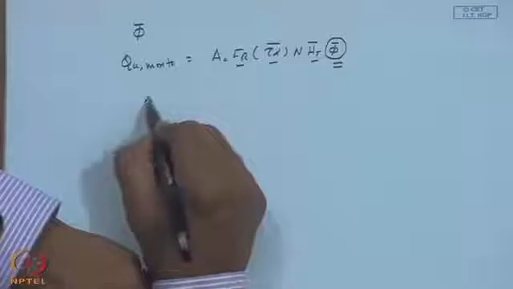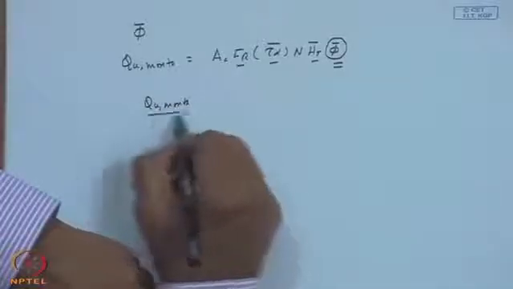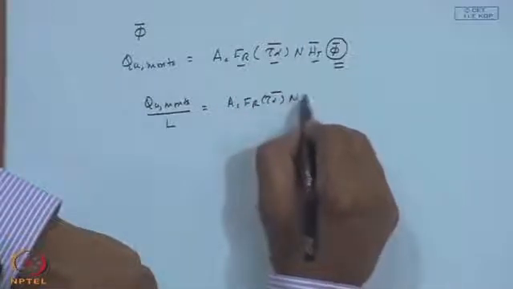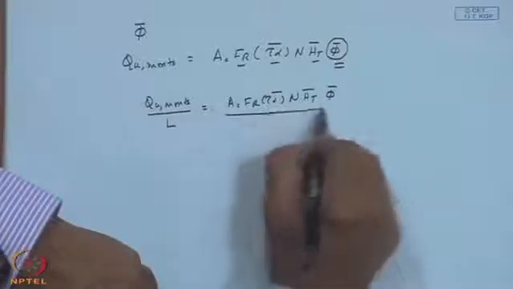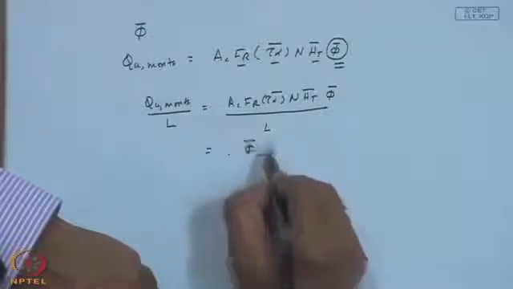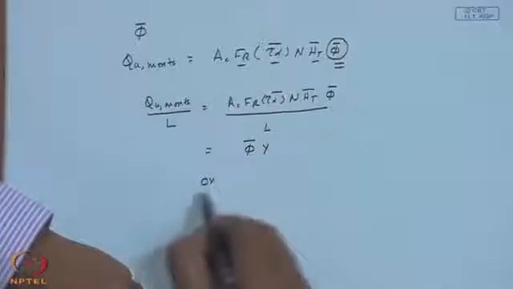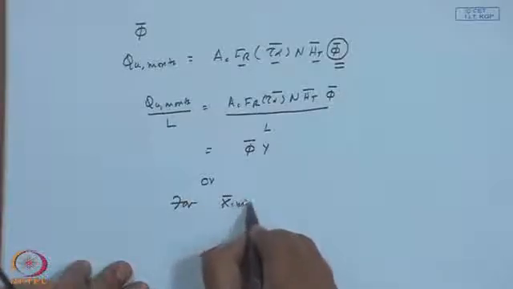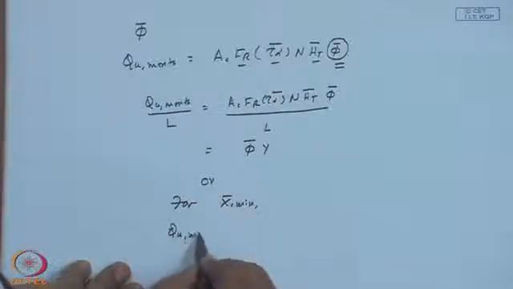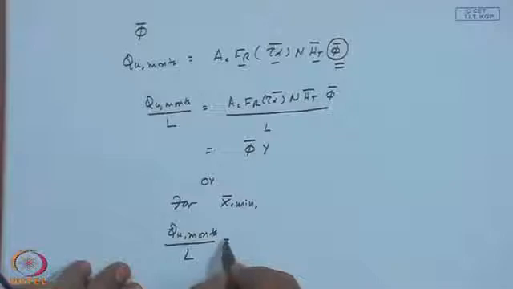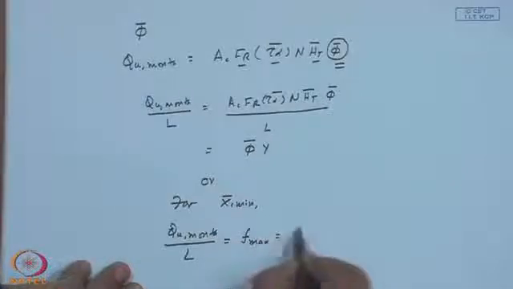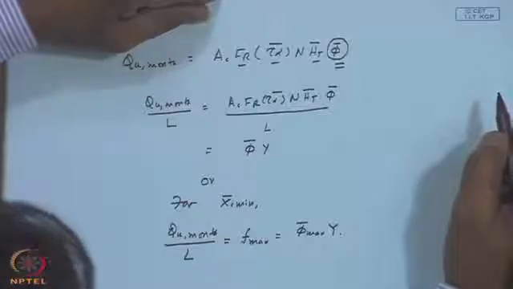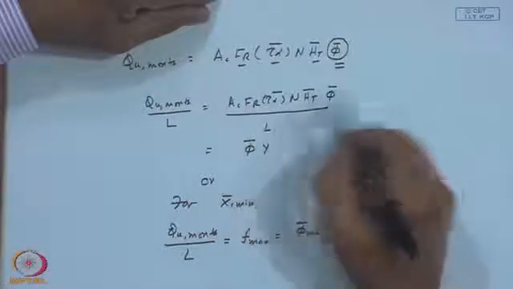Now, if you recall the definition of the non-dimensional absorbed energy, F r tau alpha bar n h d bar by L is nothing but my y.